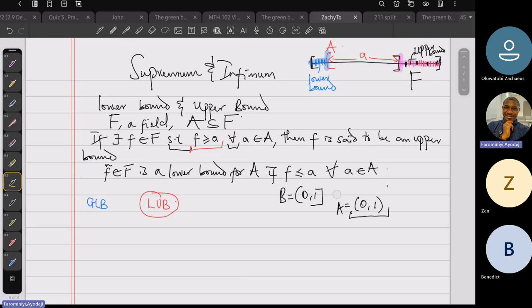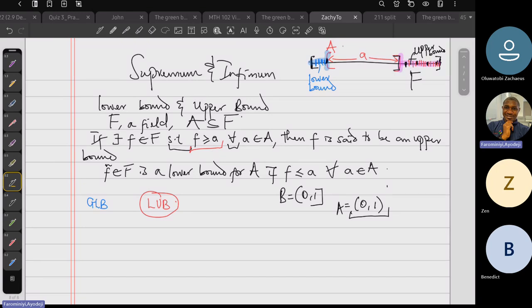But when we are talking about the least upper bound, we are talking about the smallest of all the things that is in the set of upper bounds of a set. Okay, that is just the name, least upper bound. The least, the smallest. And the greatest lower bound, lower bound is on the left.